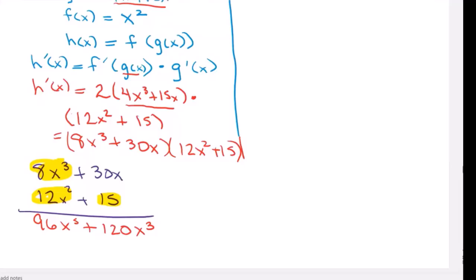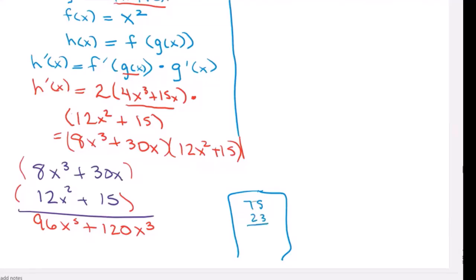Now I've multiplied 8x cubed times both terms. Just like you would do any kind of multiplication, if I said 75 times 23, you would multiply everything times the 75 times 3. So I get 15, carry the 1, 21, 22. And then I would move over 10, carry the 1, 15. And then I add. We're doing polynomial multiplication really the same way. It's just like FOIL, except usually it turns out nicer.